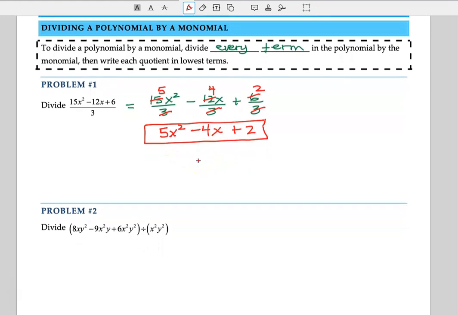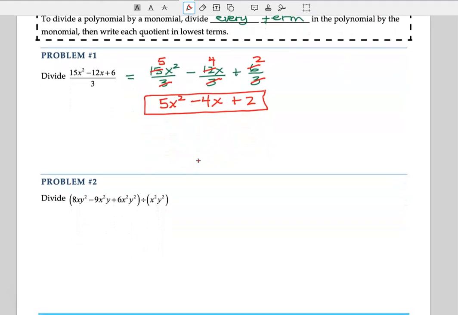Okay? So the next one, like I said, is going to be pretty similar to it. Let's set this up so that we have each term being divided by that monomial. So 8x y squared over x squared y squared.